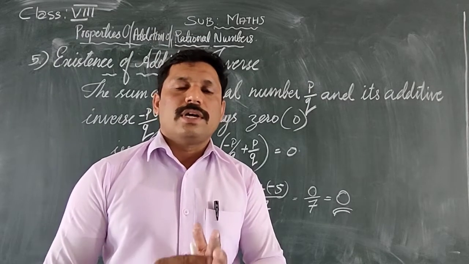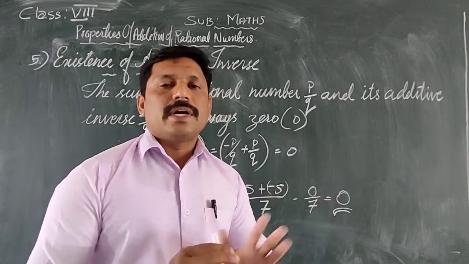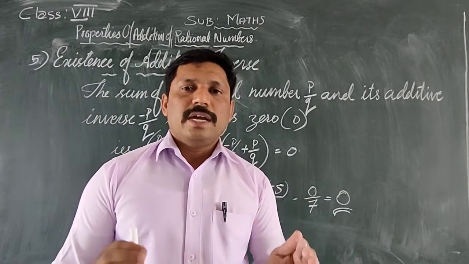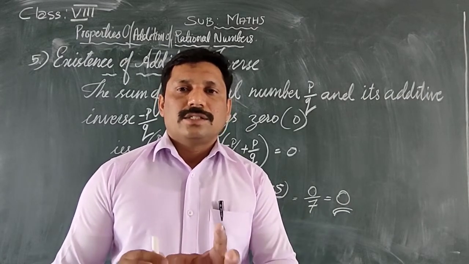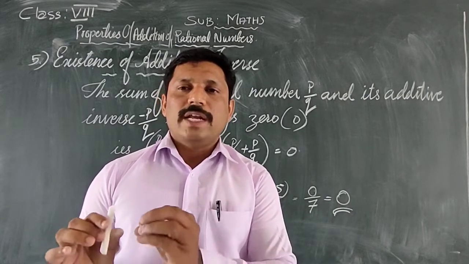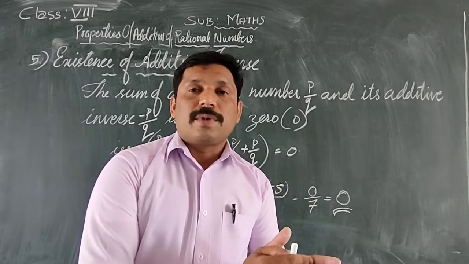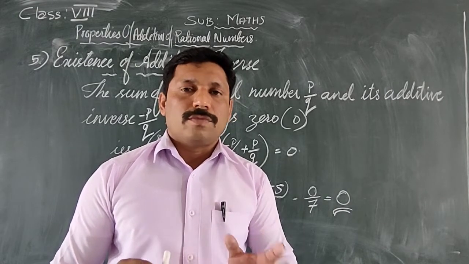Therefore, 0 is called the additive identity of rational numbers. And the last property is the existence of additive inverse. This property says that when we add a rational number with its additive inverse, the sum is 0. That means if the sum of any two rational numbers is 0, we must understand that a rational number is added with its additive inverse. So these are all the properties of addition of rational numbers.